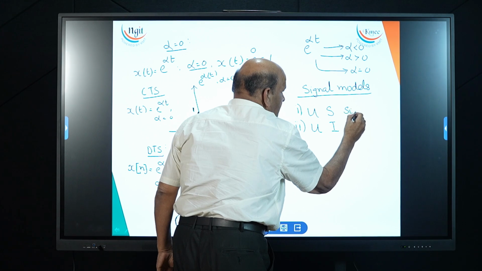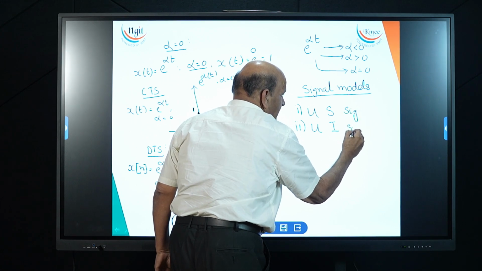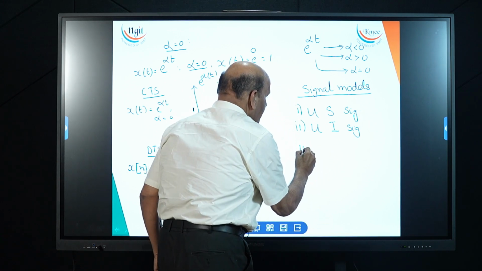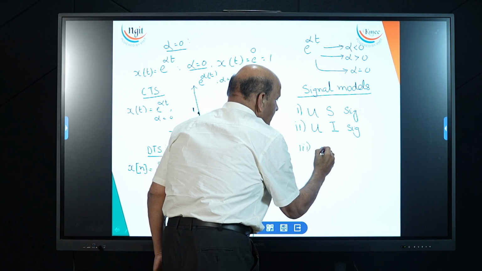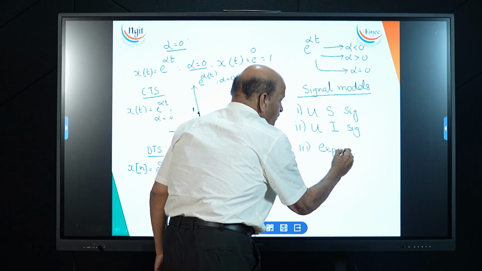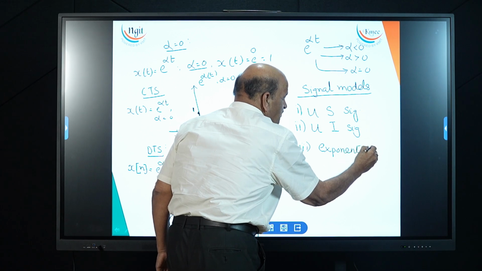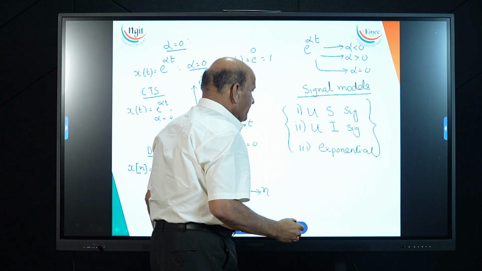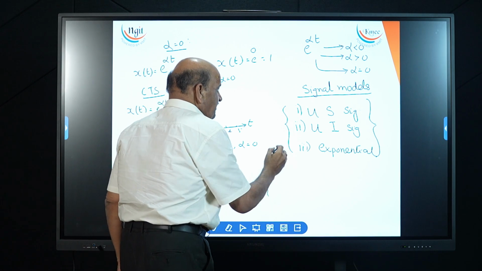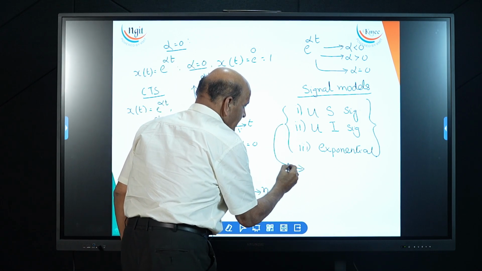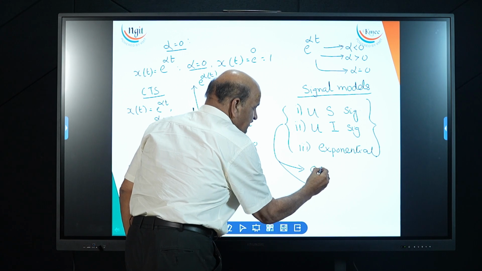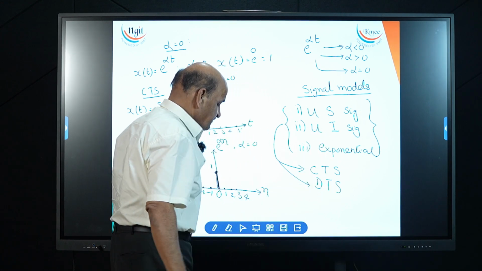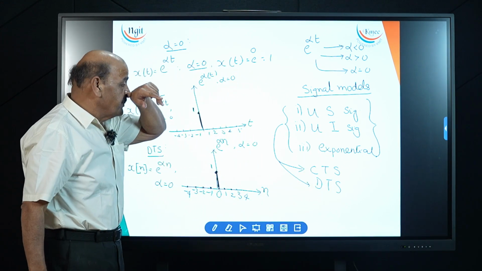Third, we discussed the exponential signal. Students have to remember and analyze the sketches and mathematical modeling of these 3 signals under the concepts of continuous time signal and discrete time signal as well. These 3 are very much important.